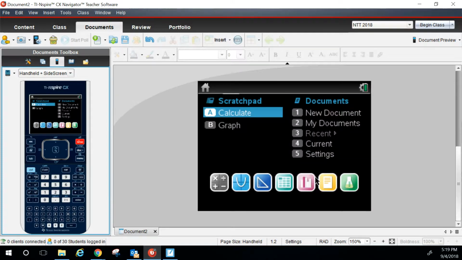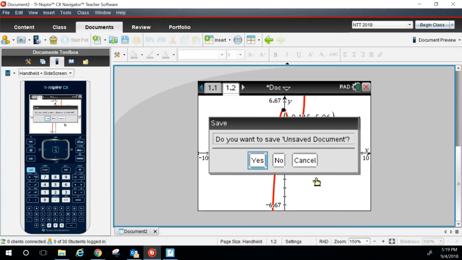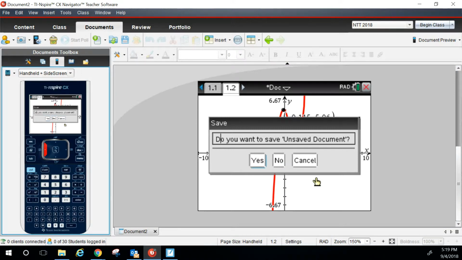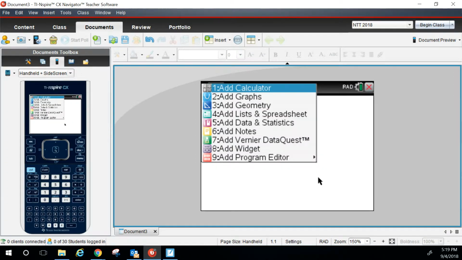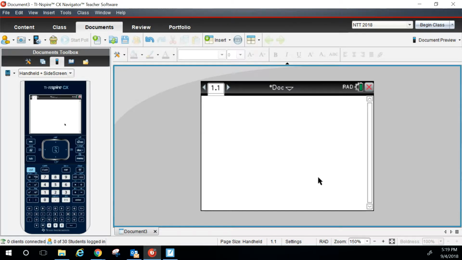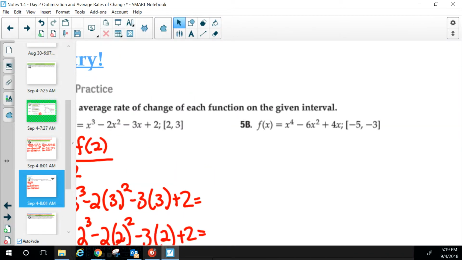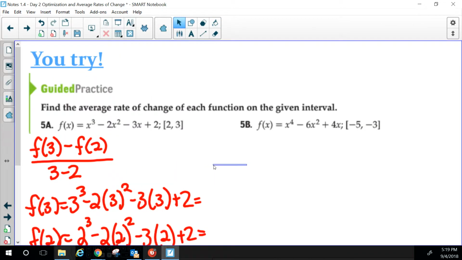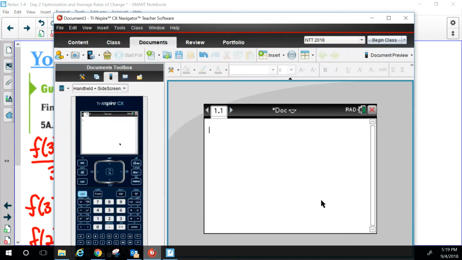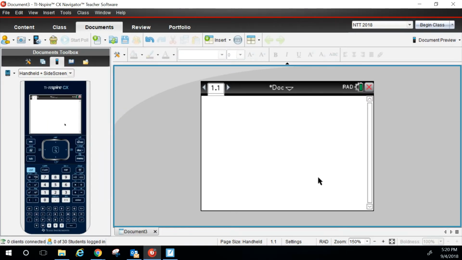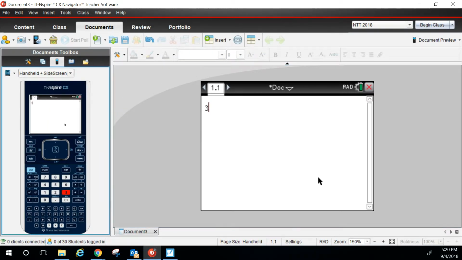So we want just a plain old graphing calculator page. Just a regular calculator page, here we go. So we want 3 cubed. All right, 3 cubed.